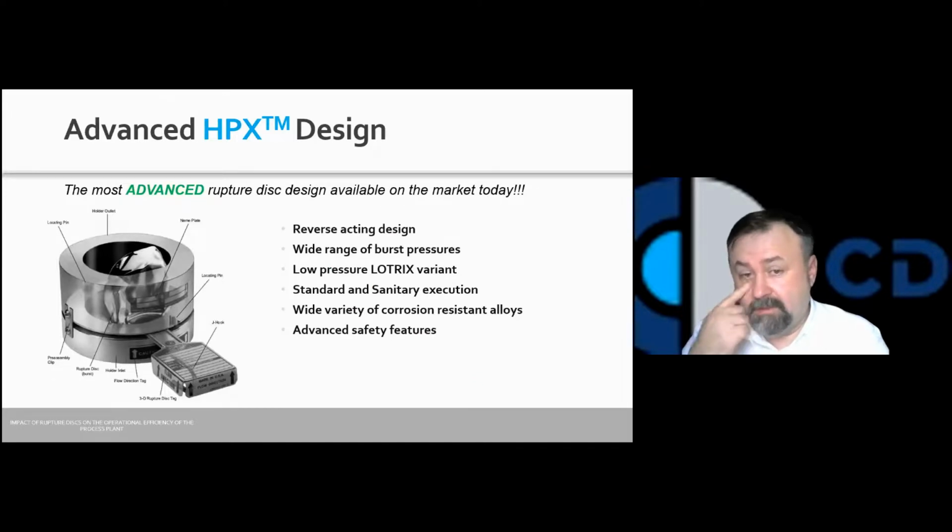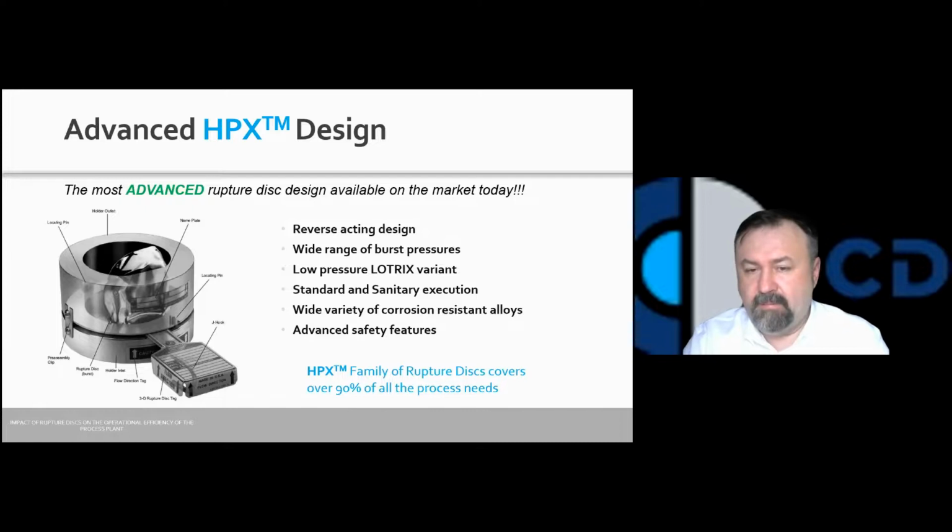Also, whilst we're talking about it, the whole platform is very versatile as well. It can be delivered to the majority, I would say 90%, probably 95% of all processes of a typical plant. So it covers both lower pressures and higher pressures.